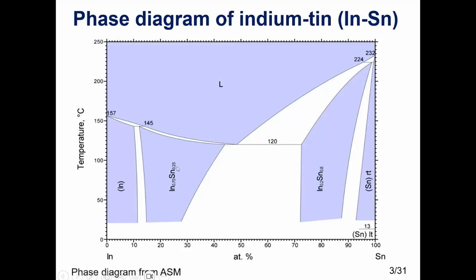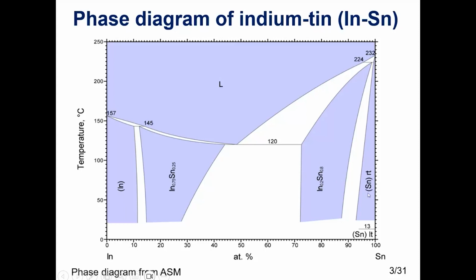Even though they give you the composition to 2 significant figures, notice that it is also a solid solution with a wide composition range. Then there is a coexistence region, I'll talk about that more in a moment, before we reach the next solid phase, In0.2Sn0.8. That's also a solid solution with a wide composition range.